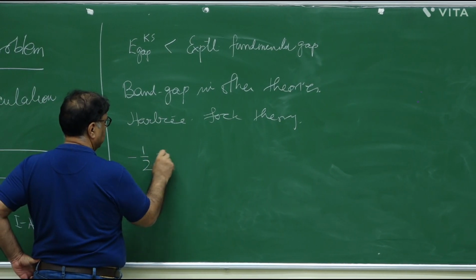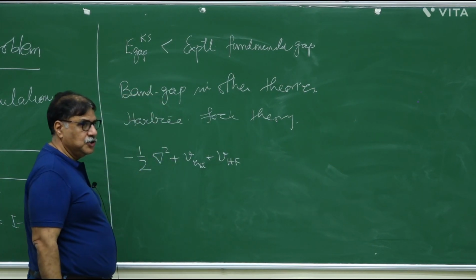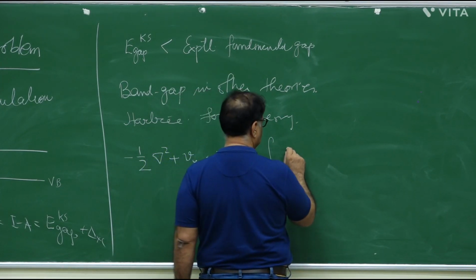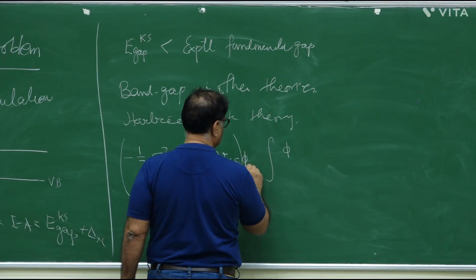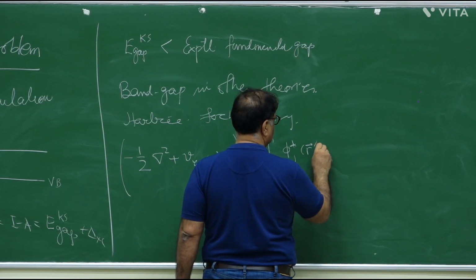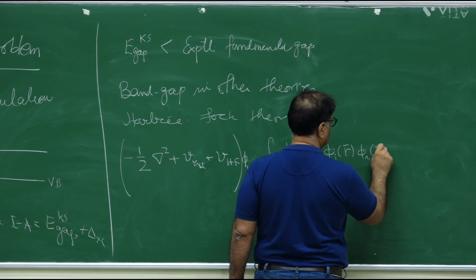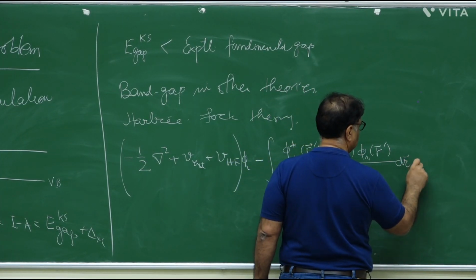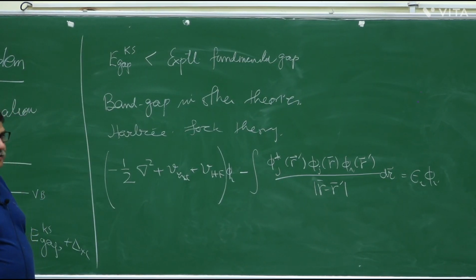We had minus 1/2 nabla square plus V external plus V Hartree, plus the exchange term, which is minus integral phi j star(r prime) phi j(r) phi i(r prime) over |r minus r prime| dr prime, all acting on phi i, equals epsilon i phi i. That's the Hartree-Fock equation, right?